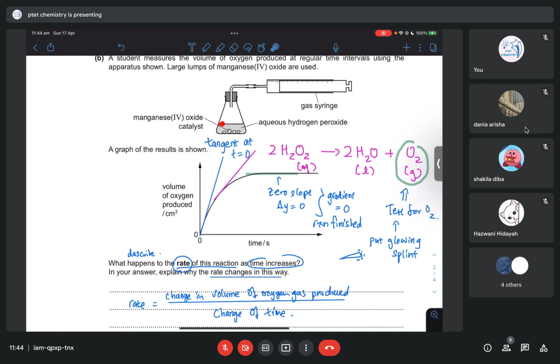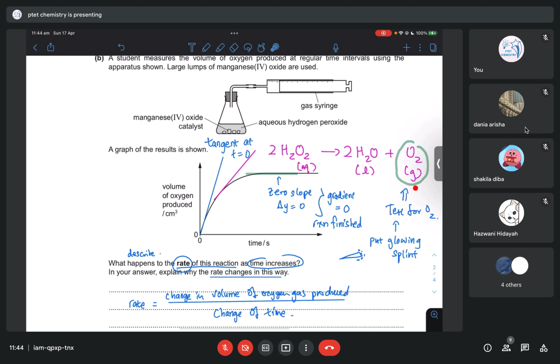So you have H2O2 in here, you have a catalyst, and then this reaction will produce oxygen gas. So what would you see in the solution if a gas is being produced? What do you think? If you are producing a gas, have you ever done a practical before where you produce a gas?